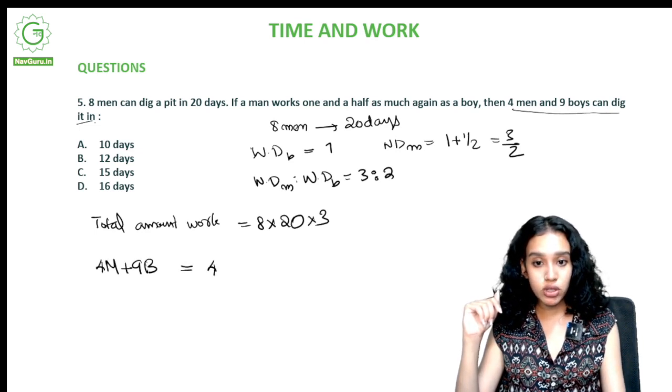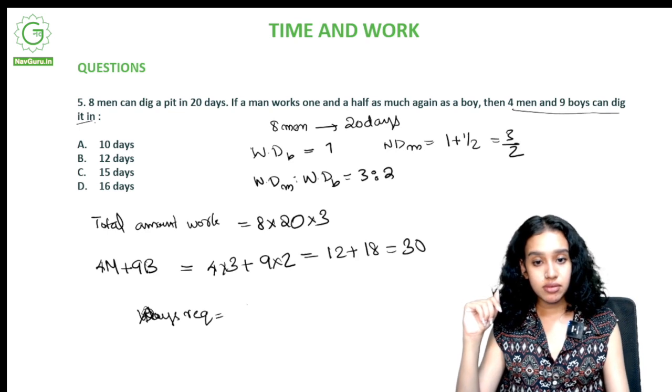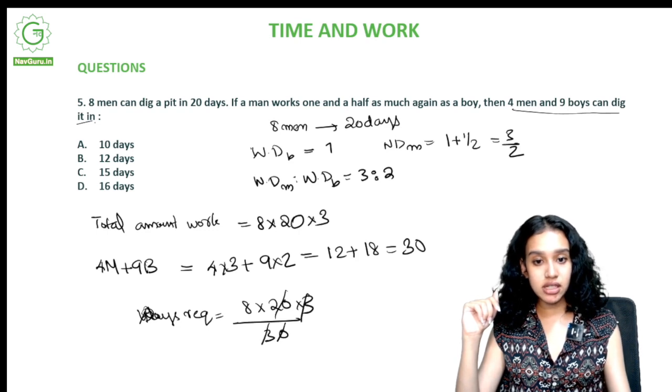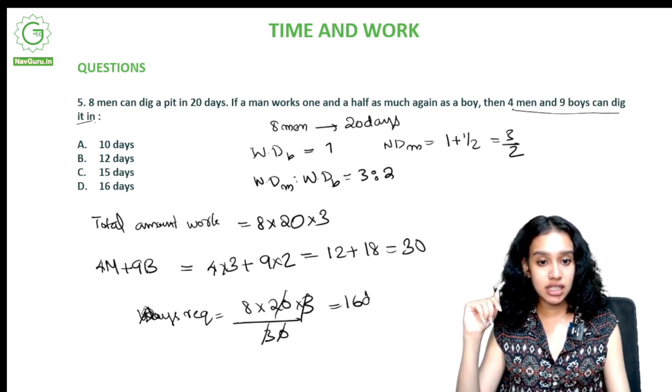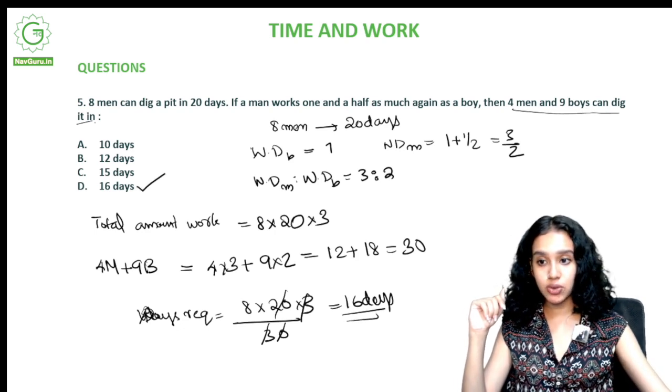So we have 4 into 3 plus 9 into 2, which is equal to 12 plus 18, which is equal to 30. Now the amount of days required would be 8 into 20 into 3 divided by 30. So we could cancel this out and we'll get 16 days as the answer. So 16 days is the answer for this question.